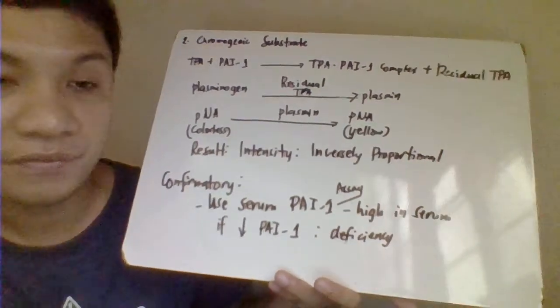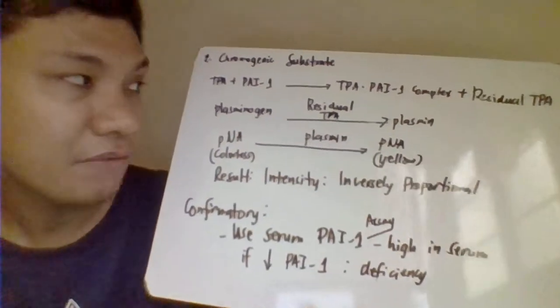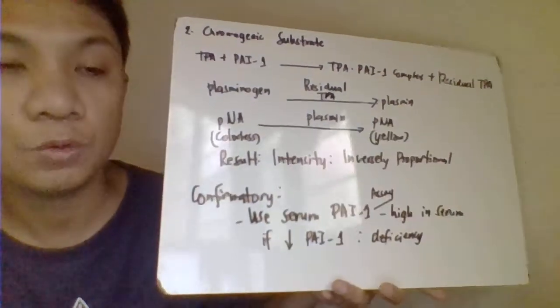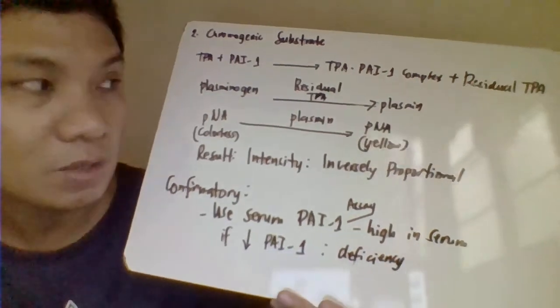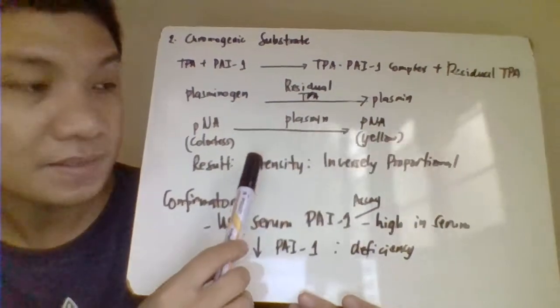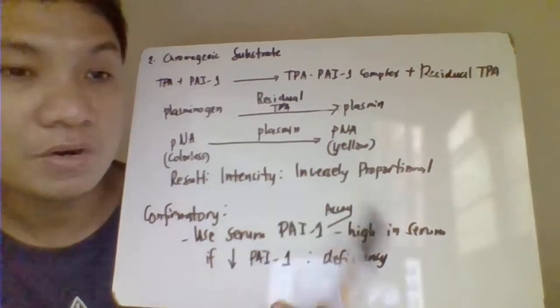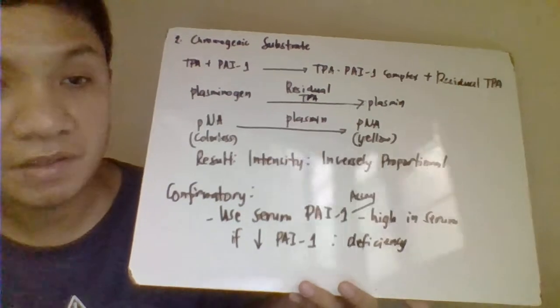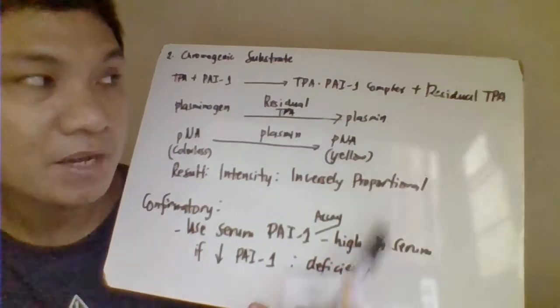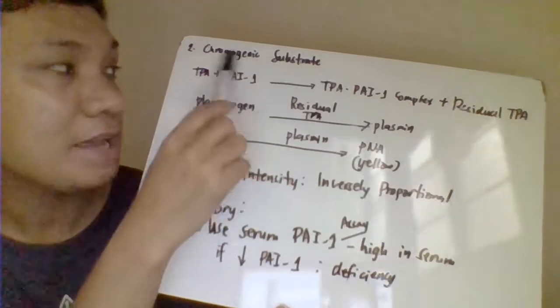Okay, so if the residual TPA produced here is left, it eventually will be the one going to hydrolyze your plasminogen, converting that one to your plasmin. Then the plasmin combining with your chromogenic substrate, your p-nitroanilide, which is colorless, will be converted to yellow. But this one would be inversely proportional kasi nga sinabi ko, pag madami kang residual na TPA, mababa ang level ng ating PAI-1.